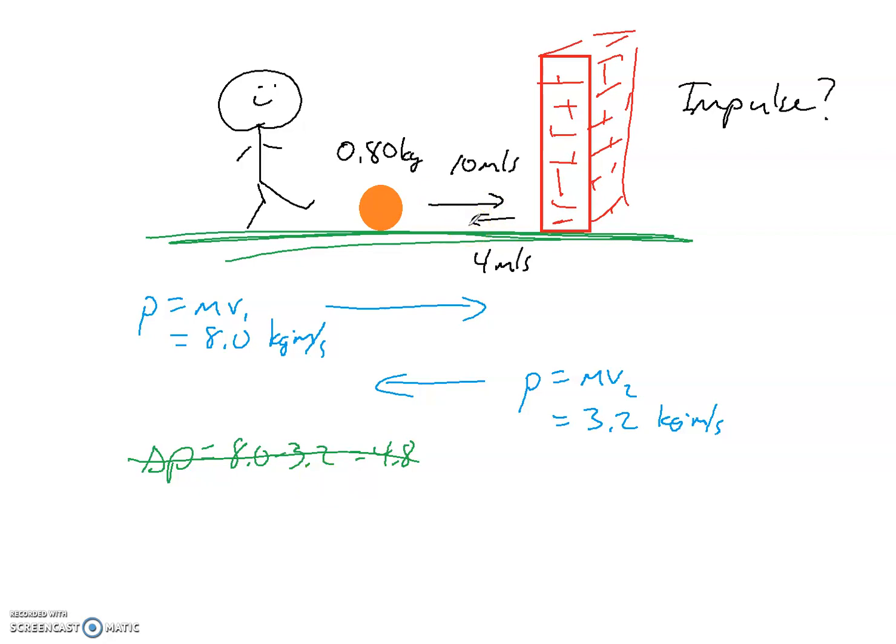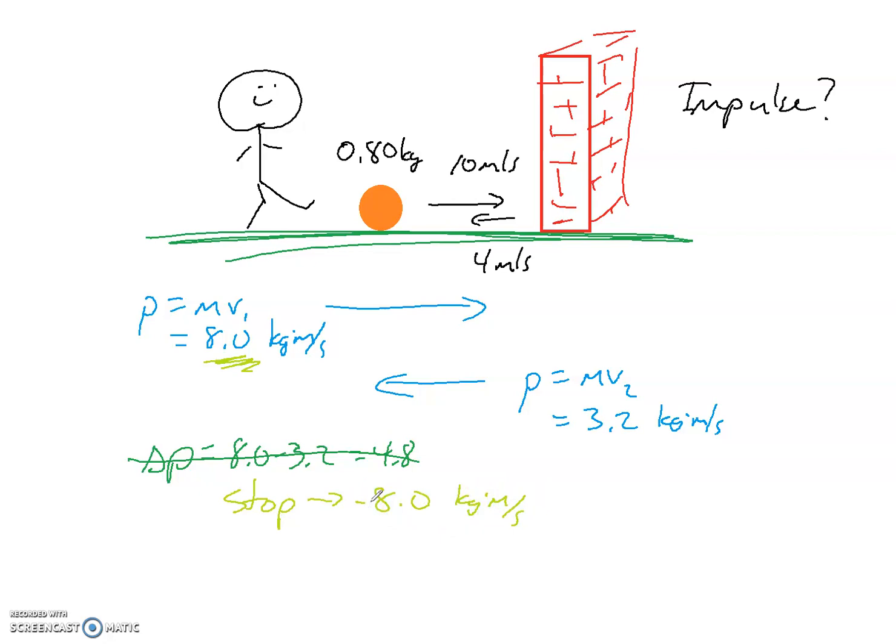If we slow this down a little bit, let's just have the ball hit the wall. When the ball went in, it had 8 for momentum just to go to the wall. In order for the wall just to stop the ball, you need 8 kilogram meters per second of momentum, and we'll say technically -8. So you need -8 just to stop the ball.